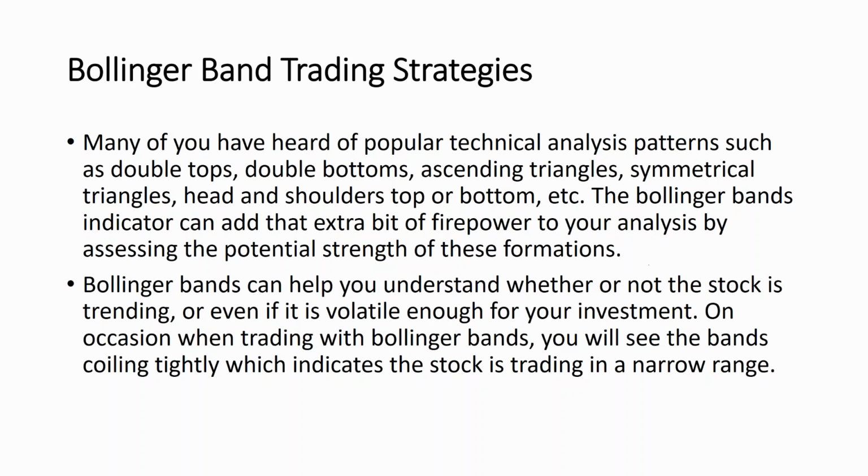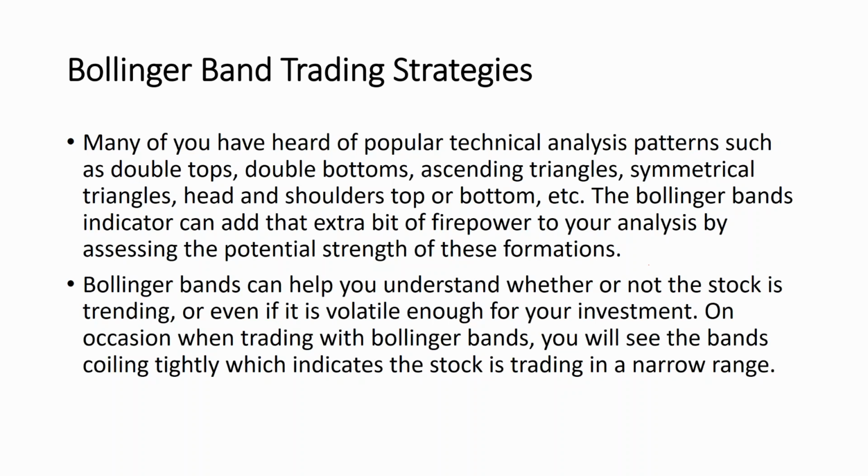Bollinger Band can help you understand whether or not the stock is trending, or even if it is volatile enough for your investment. On occasion, when trading with Bollinger Band, you will see that the bands are coiling tightly, which indicates the stock is in a very narrow range. As I have discussed in the introduction also, this is how we can say whether the stock is trading or trending by using Bollinger Band.